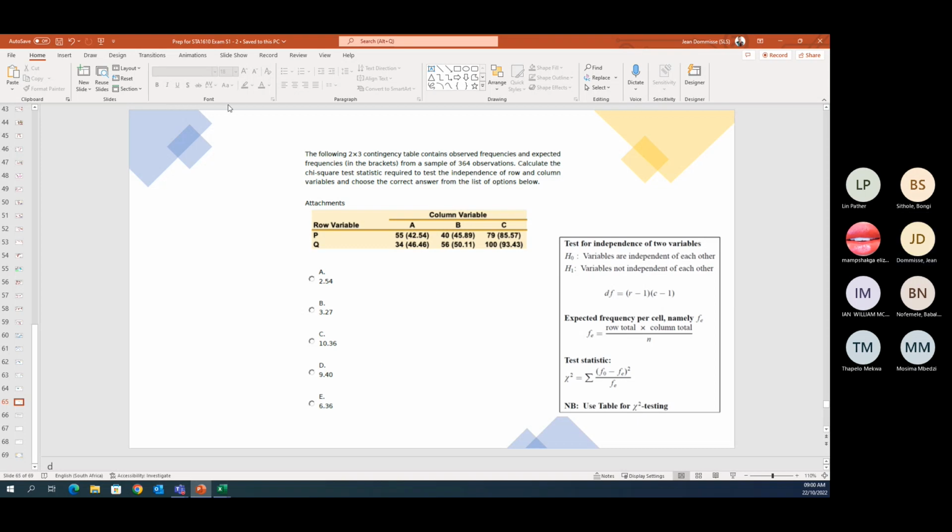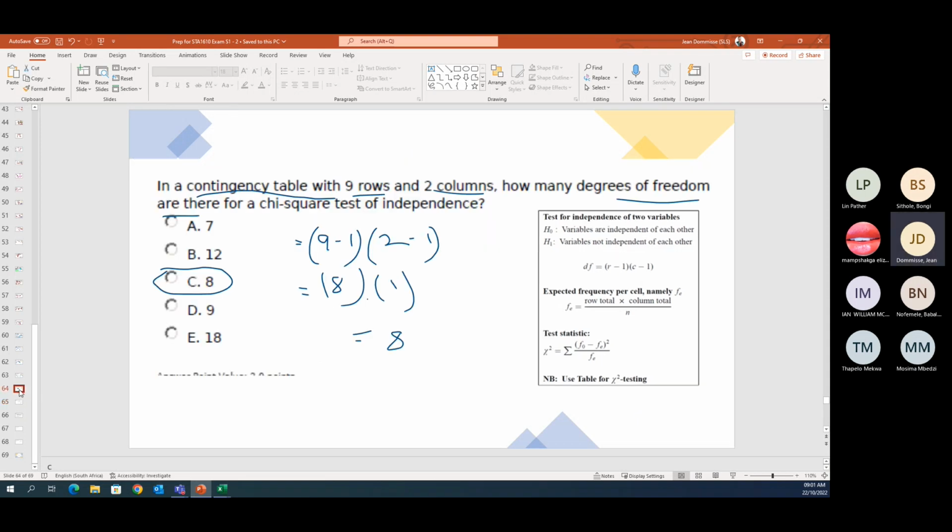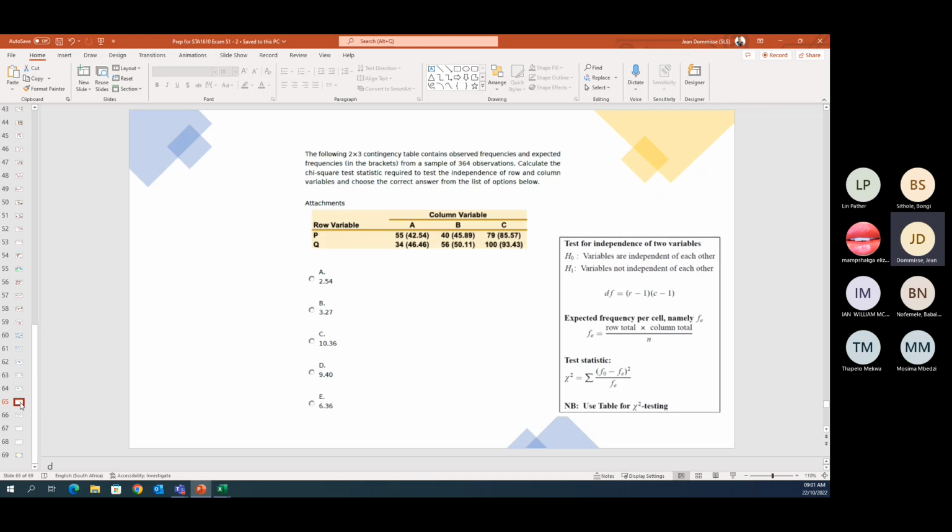Okay, so in this one, we're just continuing with some of the chi-square questions that might be coming in the exam. So here they tell us we're finding a 2 by 3.